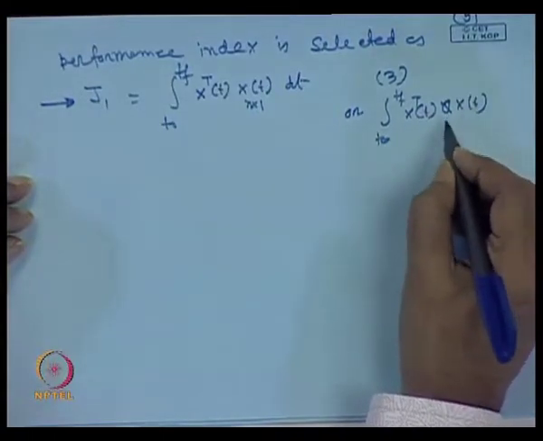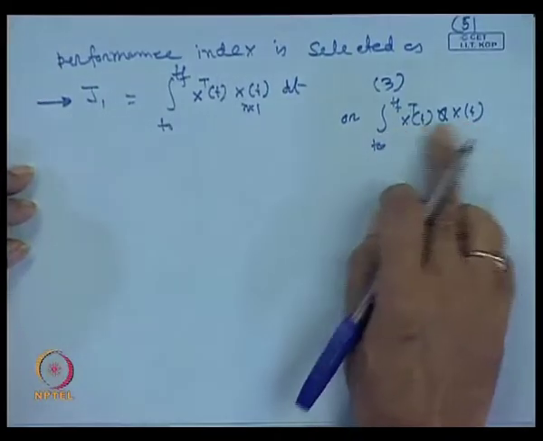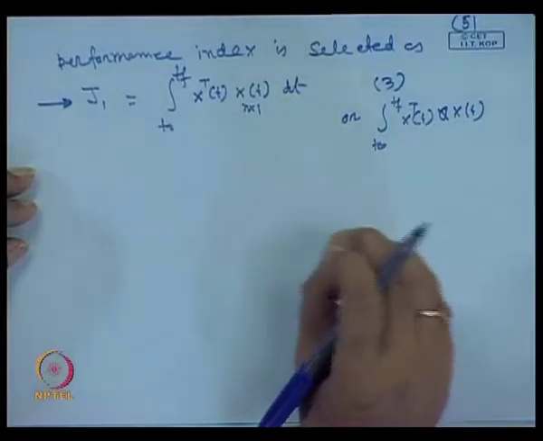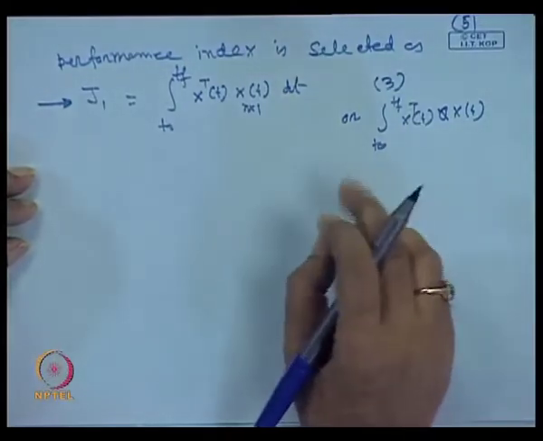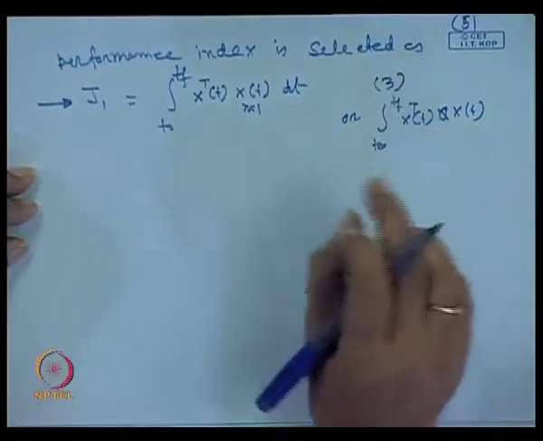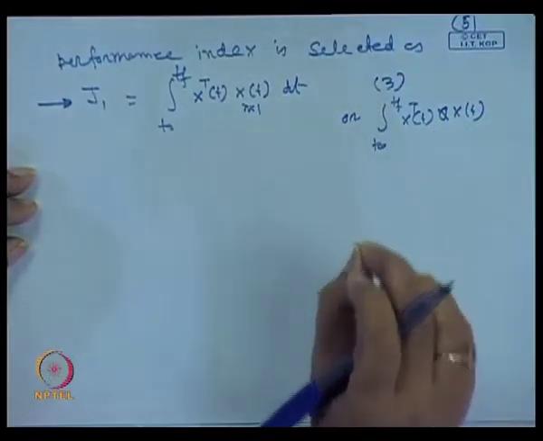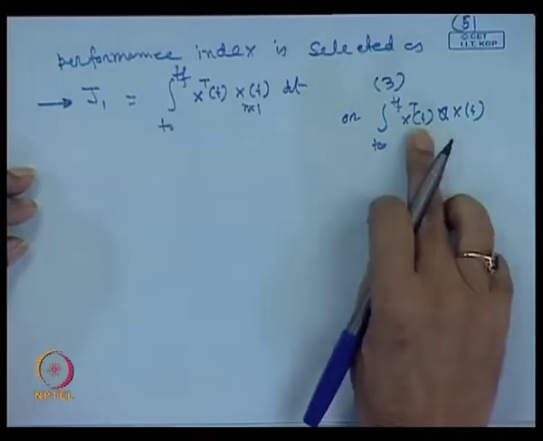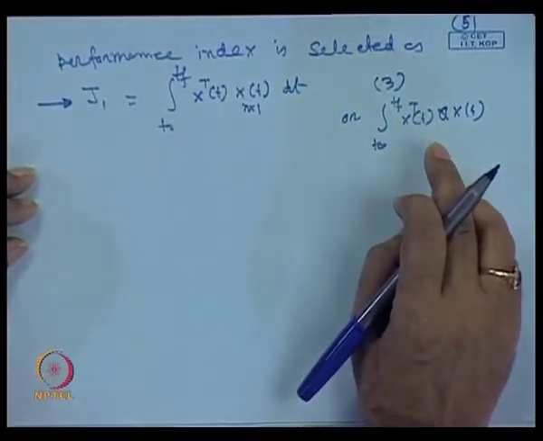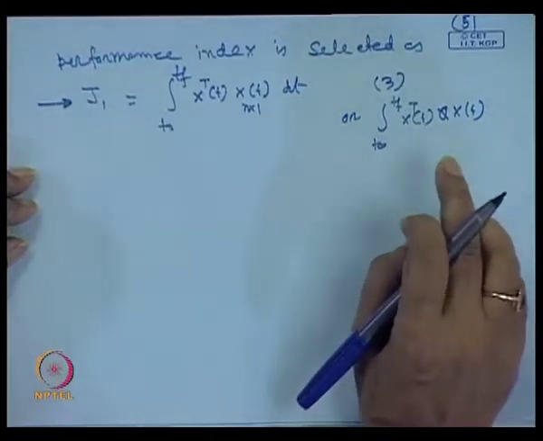Suppose our Q is a diagonal matrix, with diagonal elements small q 1, q 2, up to q n. Then if you expand this, you will get x 1 square into q 1, x 2 square into q 2, and so on.